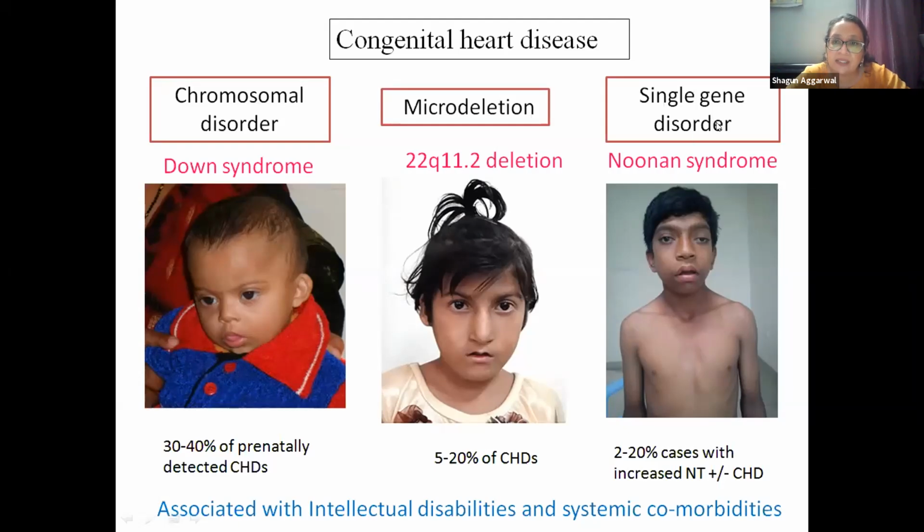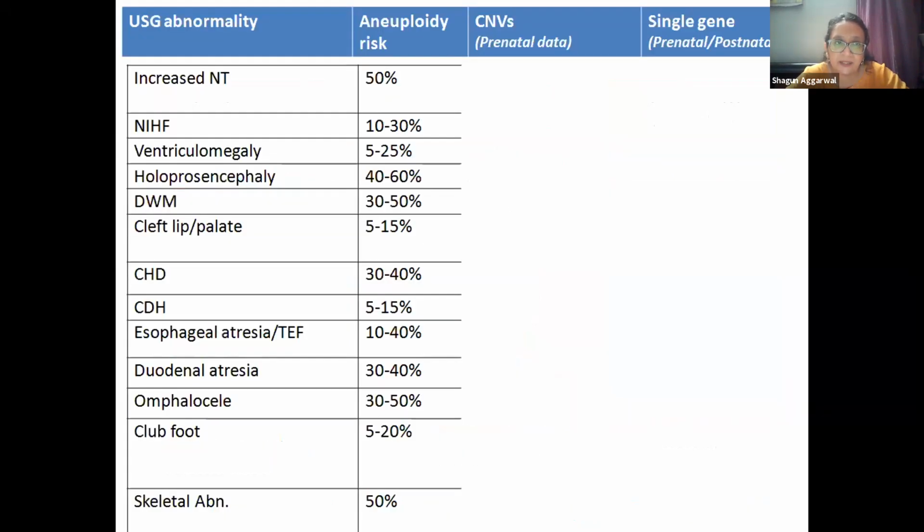And we could even have a single gene disorder. So a baby with a cardiac defect could have a single gene disorder like Noonan syndrome. So this is seen in 2 to 20% of cases with increased NT with or without a cardiac defect. So the important thing about why we should not miss these genetic conditions is that, as I said before also, these are associated with intellectual disability and other systemic comorbidities in the postnatal period.